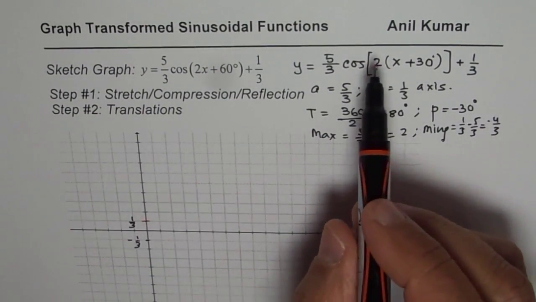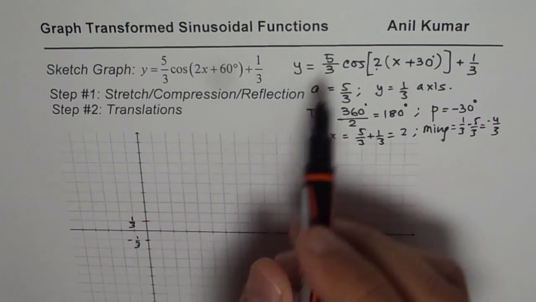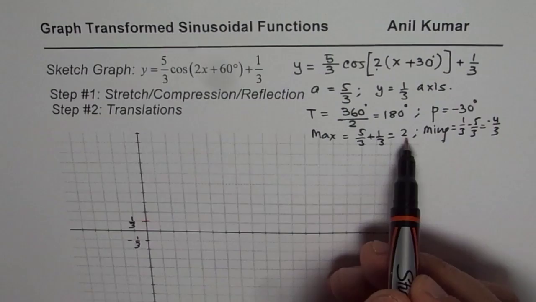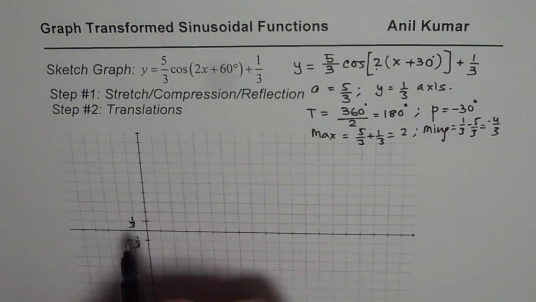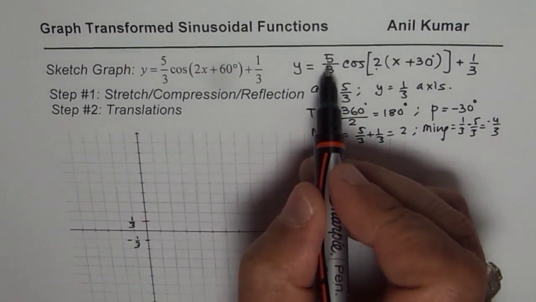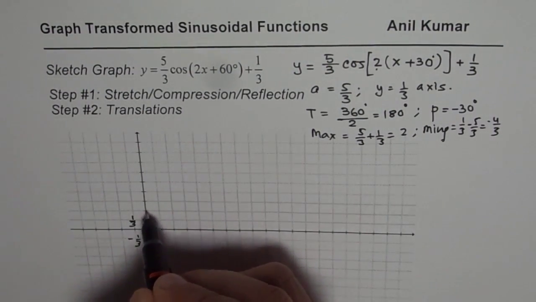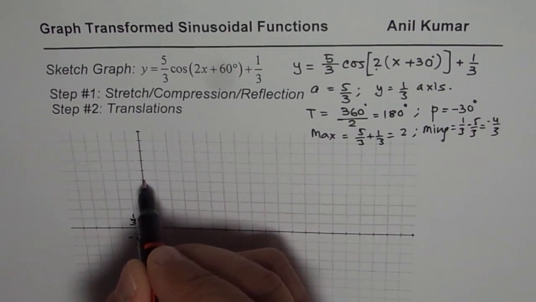Now with that scale, we will sketch a cosine function. Cosine function, as you know, starts with the maximum, right? So we'll go for the maximum first, which is 2 units. 1 over 3 is the axis. We are going up by 5 over 3. Over 1 over 3, each division is 1/3, 2/3, 3/3, 4/3, 5/3.